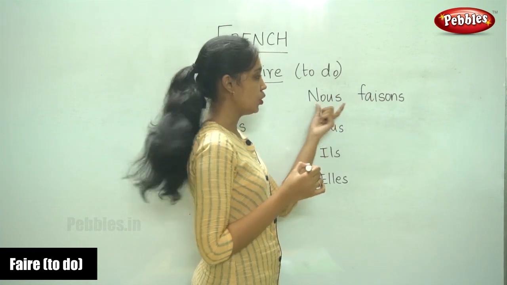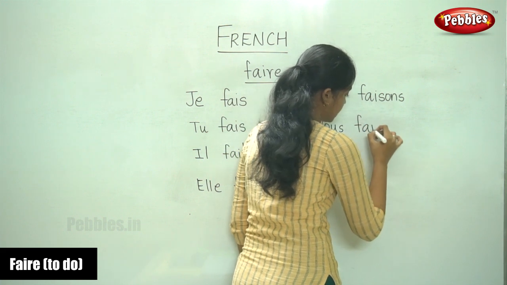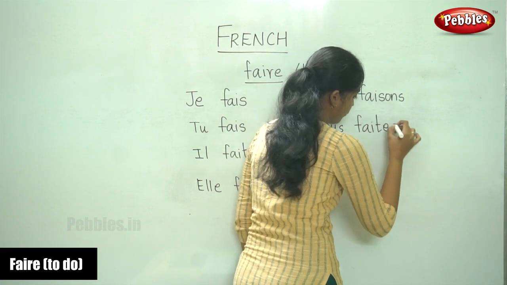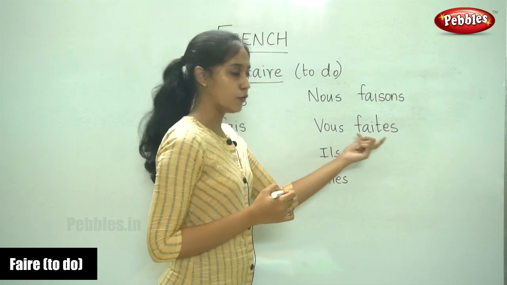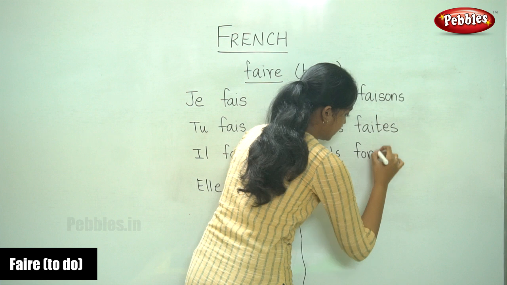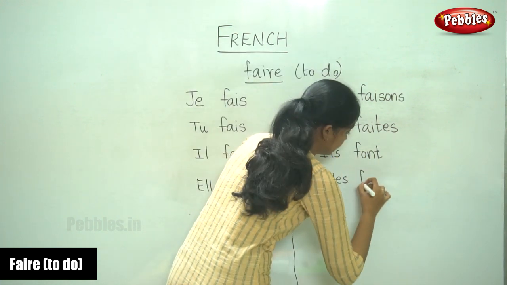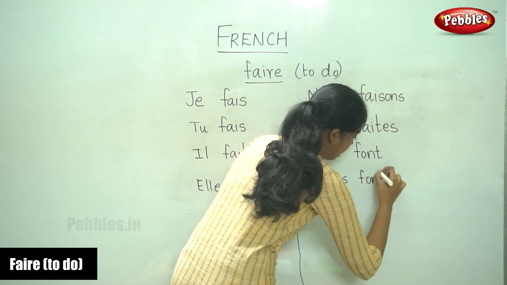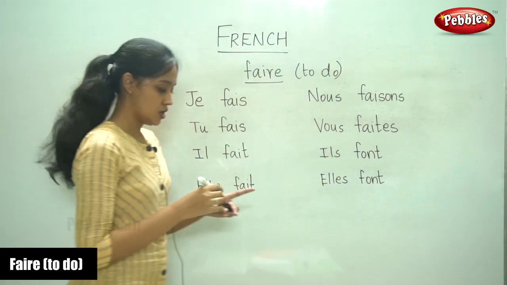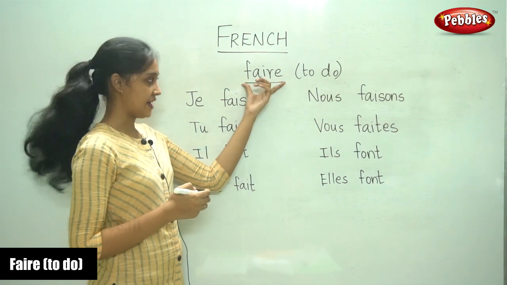Nous faisons, we do. For vous, it is vous faites. Vous faites. And for ils, it is ils font, and elles font. So this is the conjugation for the verb faire.